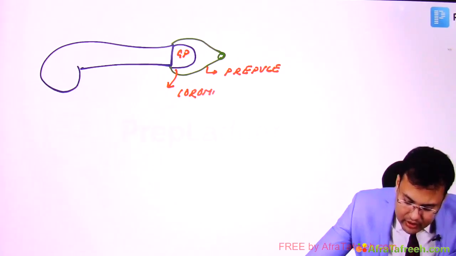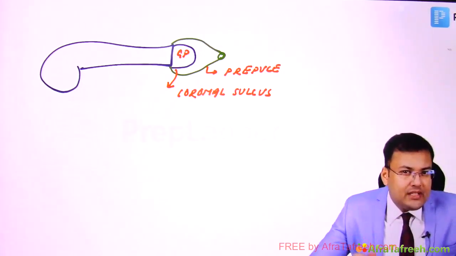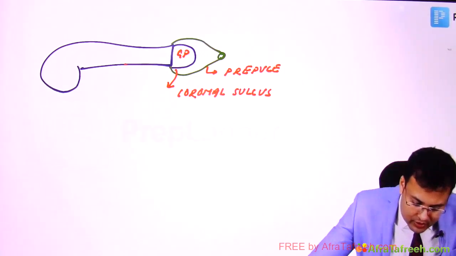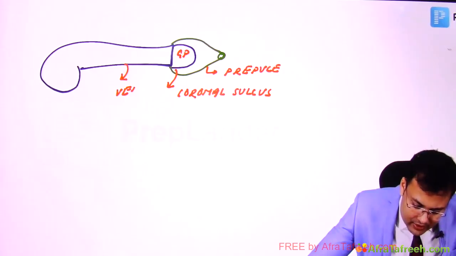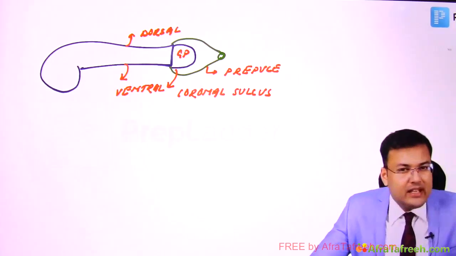Some students are confused about which part of penis is dorsal and which is ventral. This lower part is known as ventral part, and this one is known as dorsal part. Clear?